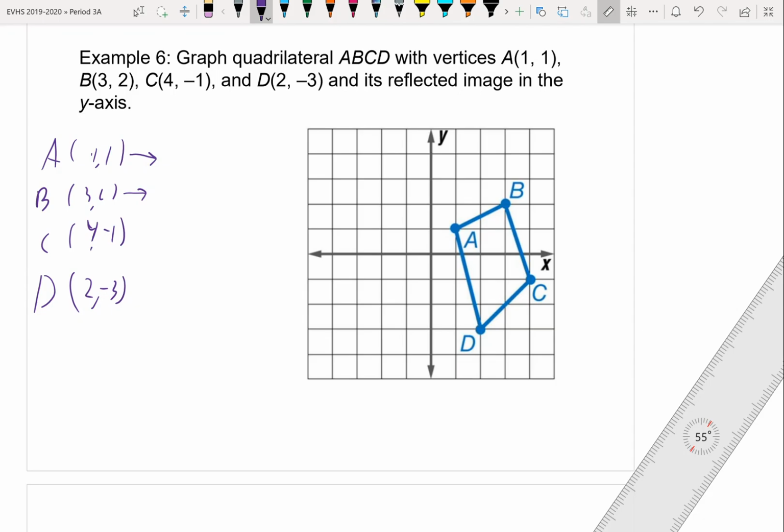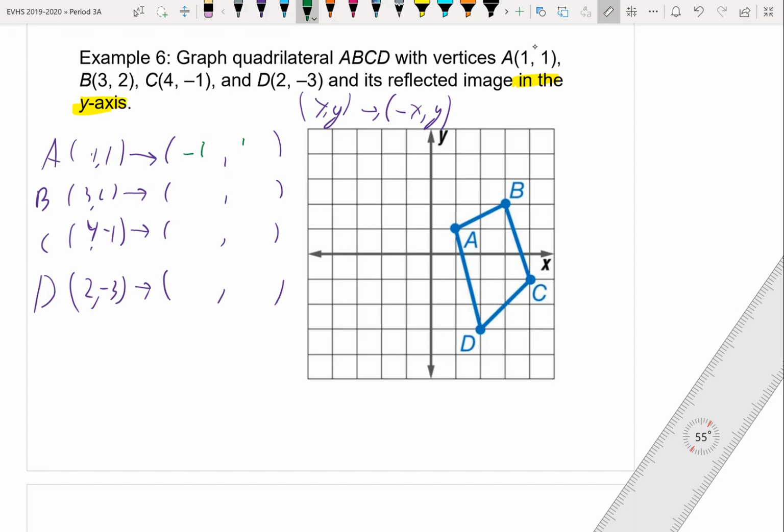We're going to perform the transformation on all those, and we're going to be reflecting in the y-axis. So my rule for this is (x, y) transforms to (negative x, y). So we're basically just taking the negative of the x-coordinate.